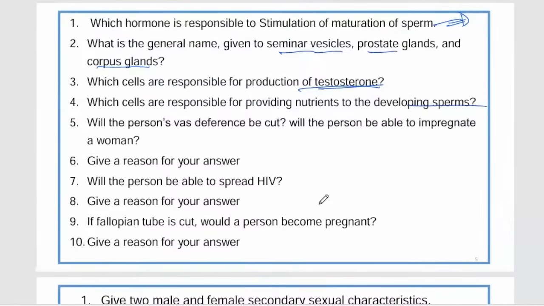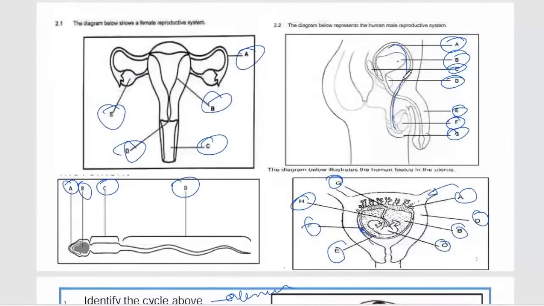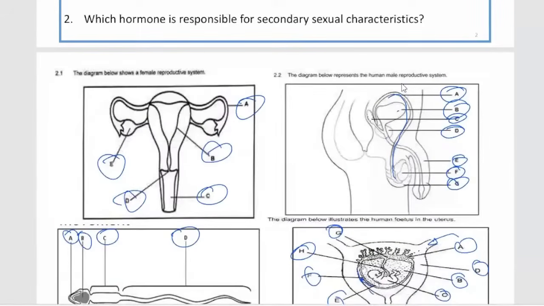They're saying that when a person's vas deferens is cut, will the person be able to impregnate a woman? The answer is no. Why? Because the sperms cannot. They're asking you that if this part is cut, will the person be able to?